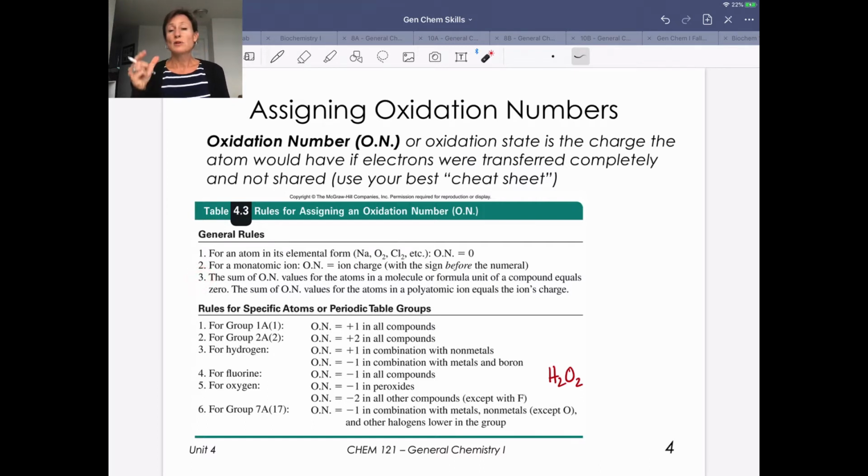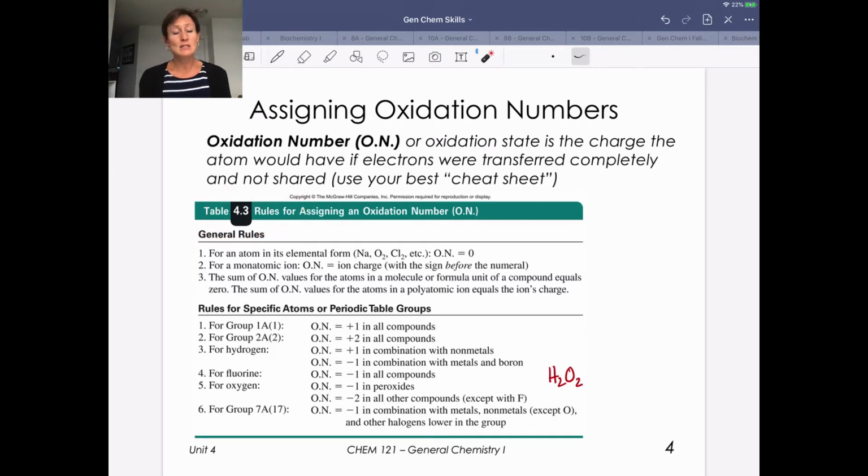If we have, for example, a polyatomic ion, we can figure out oxidation numbers for each of the individual atoms in there, but the overall oxidation numbers, times the number of each element we have, at the end of the day have to add up to the ion's charge. This will probably make more sense as we walk through an example. So these are the rules we have for assigning oxidation number.